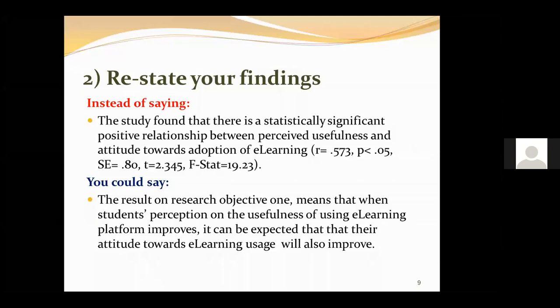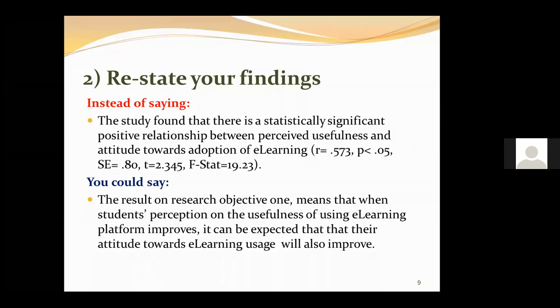We are saying restate your findings, and this is in chapter 5, discussion of results. Instead of reproducing what you have in the previous chapter, describe your results clearly using as little statistical jargon as possible. Apply the layman test, okay?